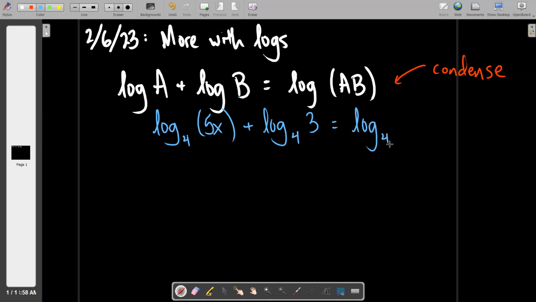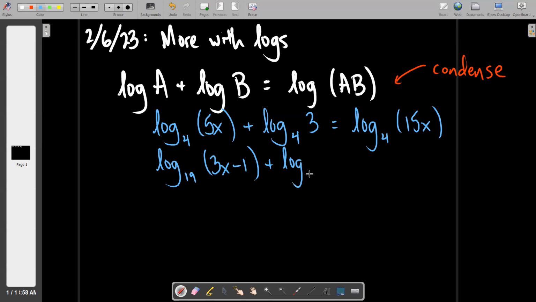And what would the argument of this log be? 15x. Very good. Or if I had log base 19 of 3x minus 1, that quantity, and I added another log, also with a base of 19, of, we'll say, x.